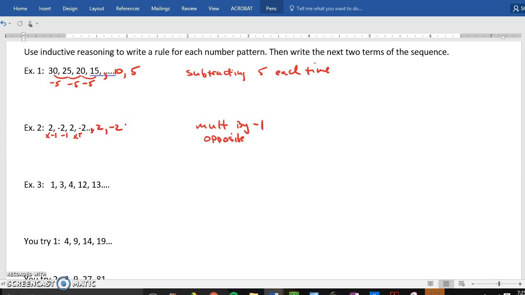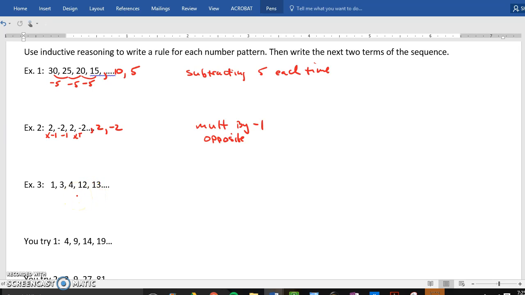Now example 3 picks up a little bit. It's a little more difficult pattern to recognize. We go from 1 to 3, 3 to 4, 4 to 12, 12 to 13. If you look, you're not adding the same amount, and you're not multiplying by the same amount each time. So now you have to put some operations together.